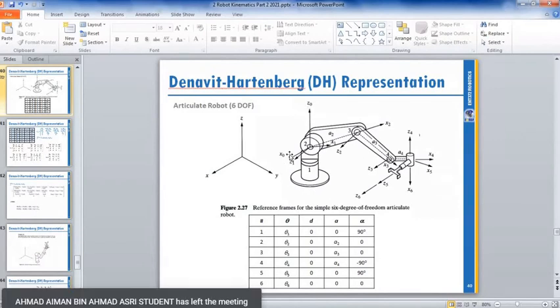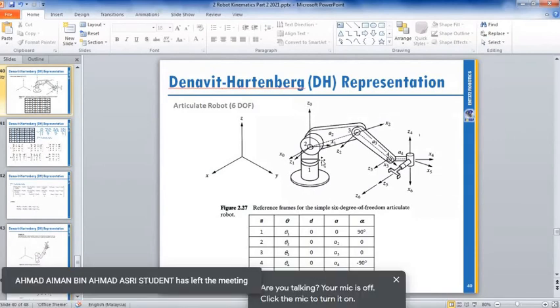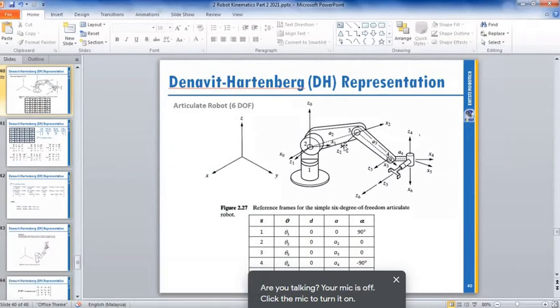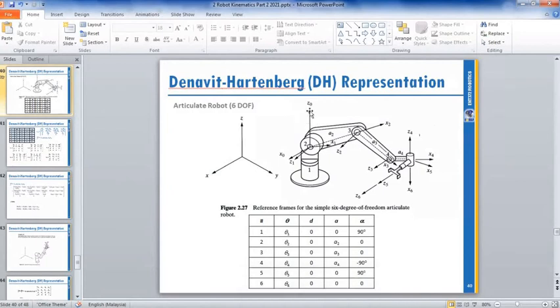Because when your eyes are looking from X, you can see that you rotate counterclockwise. This one you need high imagination of 3D. So if you look from the X axis, you can see Z0 to Z1 is counterclockwise. Can you imagine that or not?